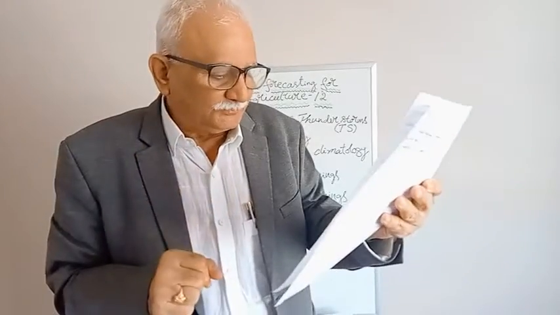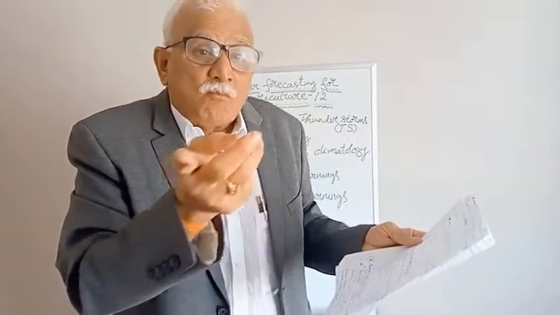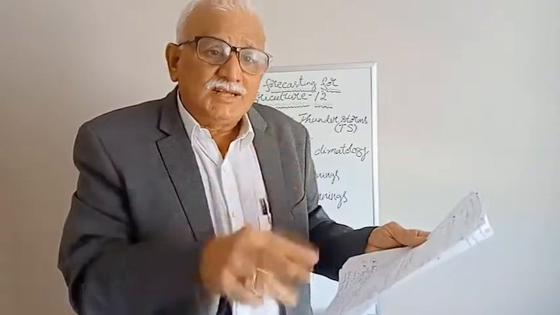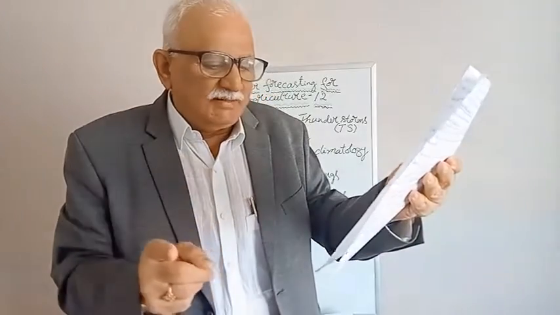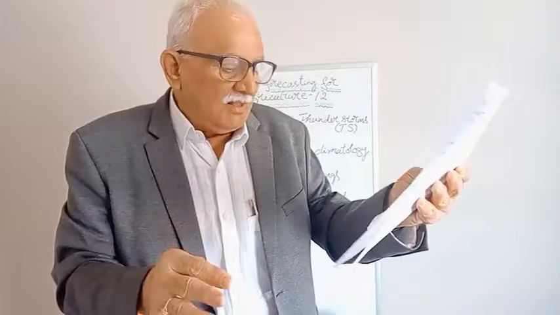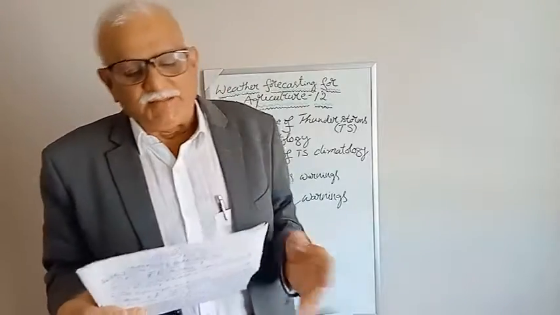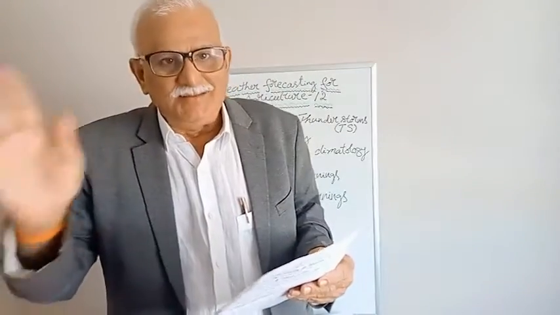Moderate dust storm: wind speed is like moderate thunderstorm, 41 to 61. However, here the wind speed is 41 to 61, but visibility is 200 to 500 meters. Severe dust storms and very severe dust storms: 62 to 87, more than 87.